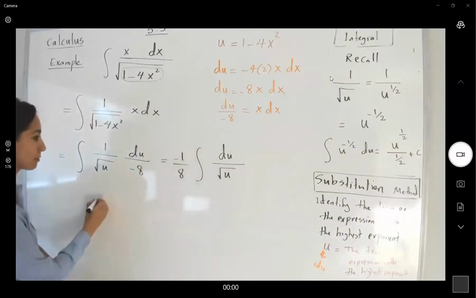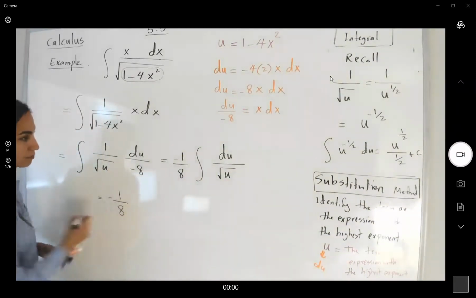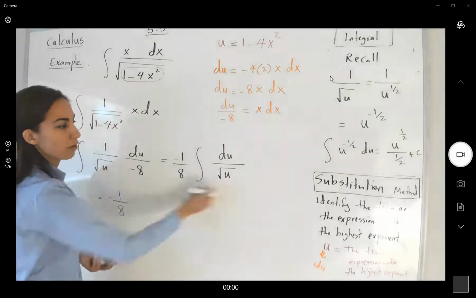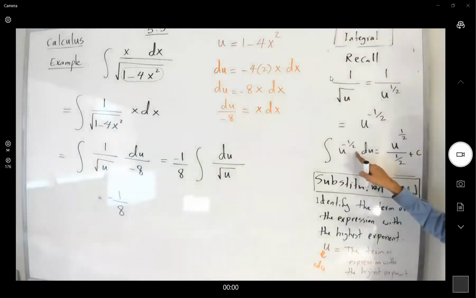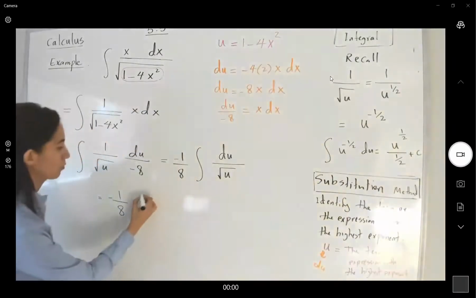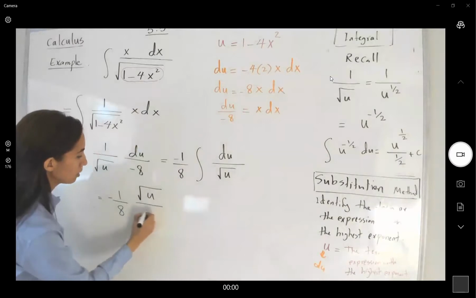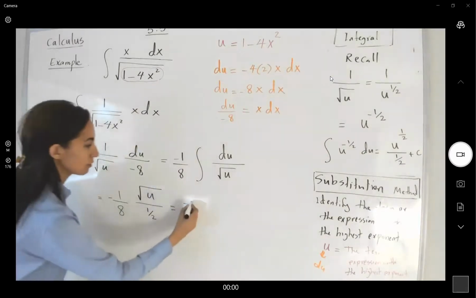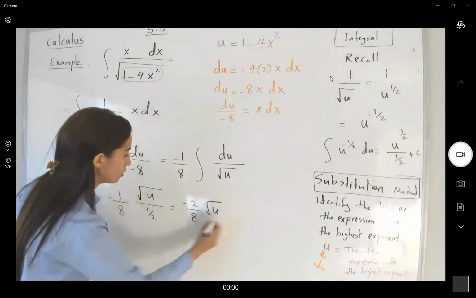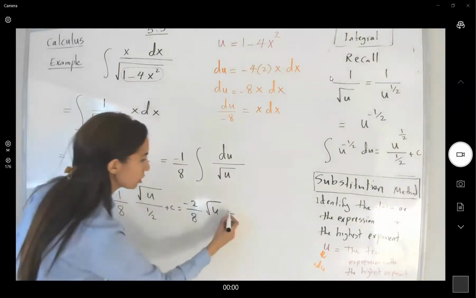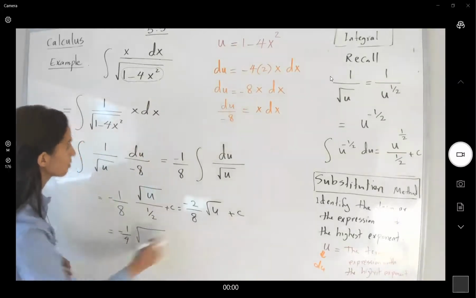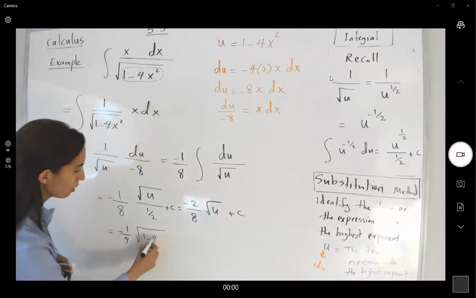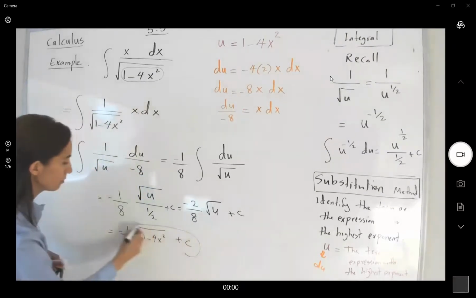So we have -1/8 times square root of u divided by 1/2, which is -2/8 square root of u. Don't forget the constant of integration. So here you have -1/4 square root of 1 minus 4x squared plus c.